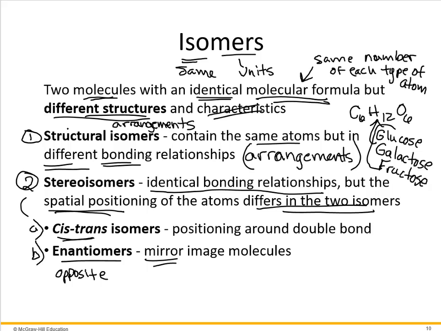We talk about them as L isomers and D isomers. L means left-handed, and D means right-handed, like dextrose. If you're ambidextrous, you can be either one. So those are just opposite of each other.